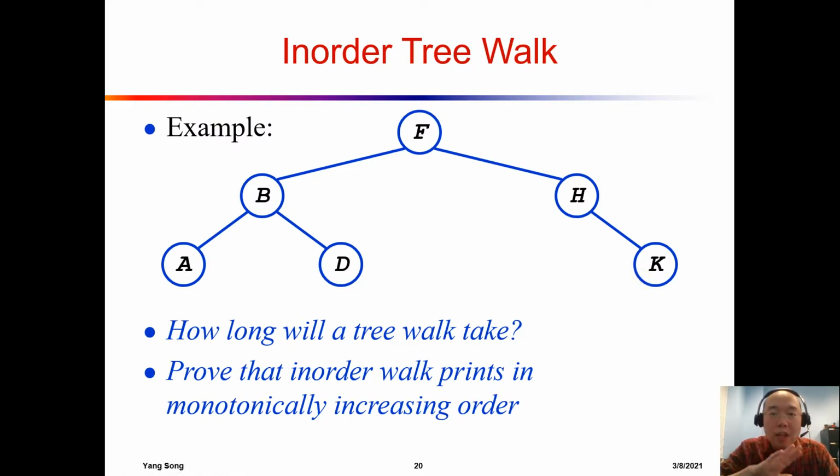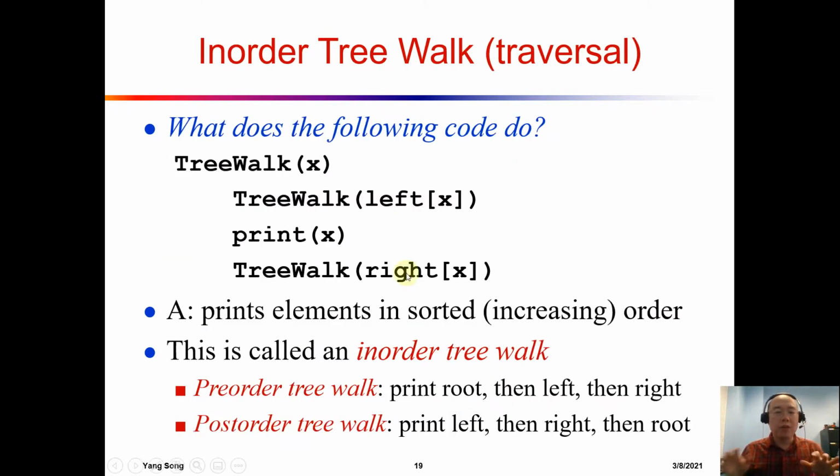Because there's no other value smaller than H anymore. So we have to print the H, and then we move on to the right side if there is a right subtree, right? So in either way, either in the scenario of B or in the scenario of H, we are doing the right thing. This will guarantee that when we are doing the in-order tree traversal, we are printing all the key values from the lowest to the highest.